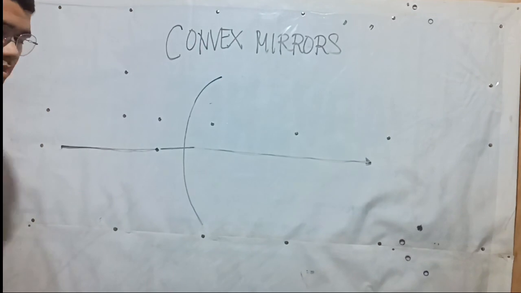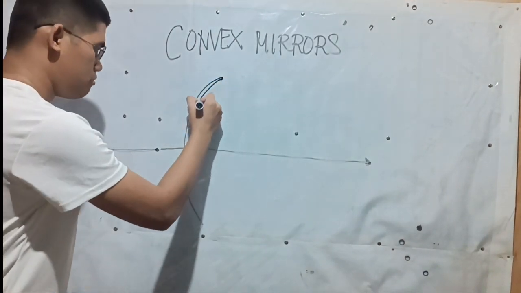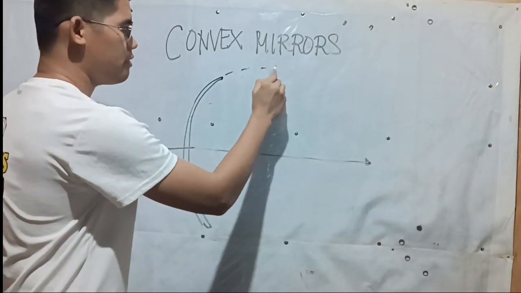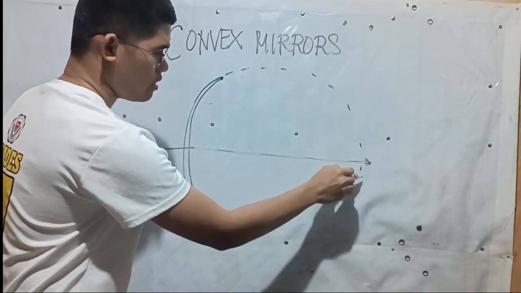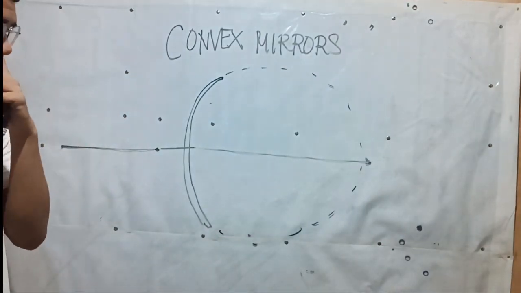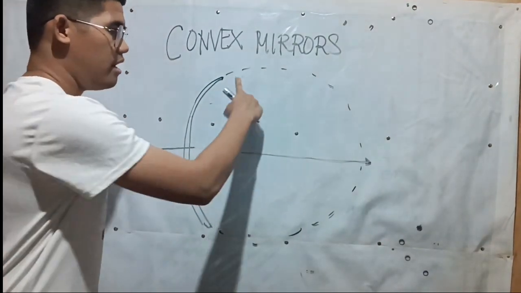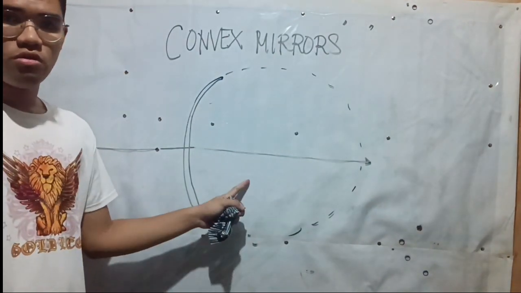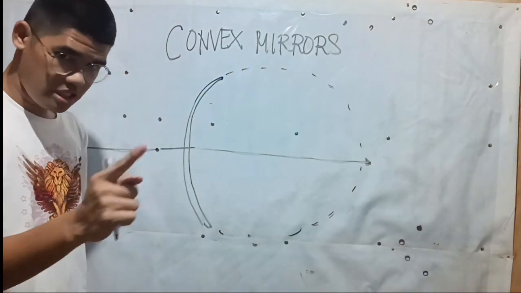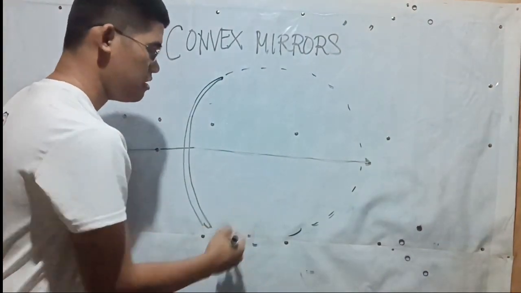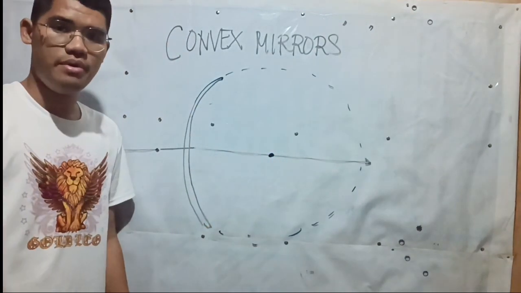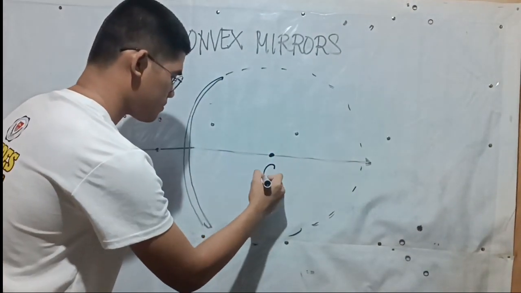If we complete the mirror, the figure that will be formed is a circle. A circle always has a center, which is just right here. Let us label it as the center.